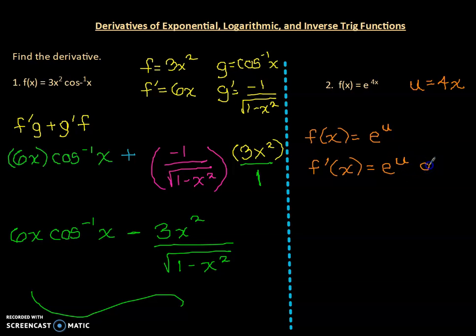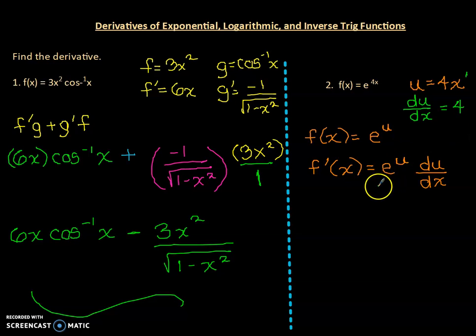Since I'm deriving u, I'm going to put du over dx. Now I do have to find out what that is. So the derivative of u with respect to x, I'm going to go back to u and find the derivative of it. Using the power rule, 4 times 1 is 4, and then x to the 0 power is just times 1, which we don't need to write down.